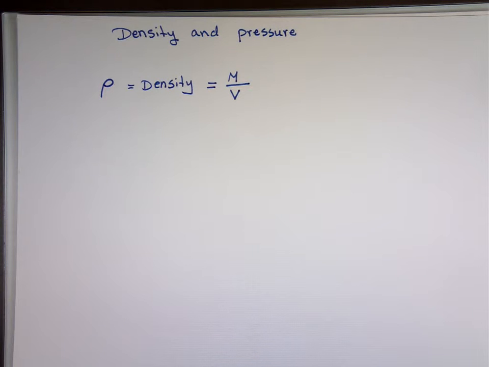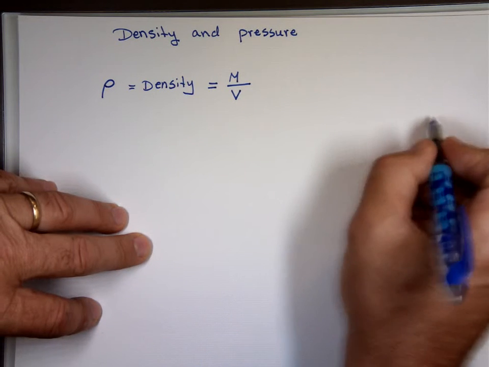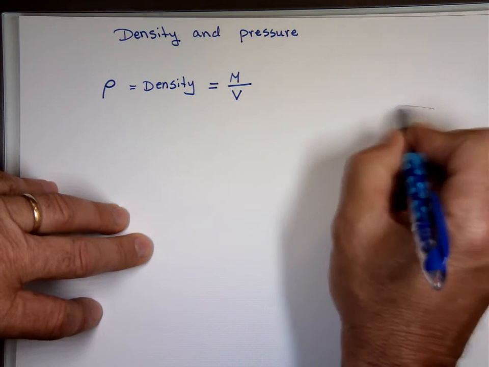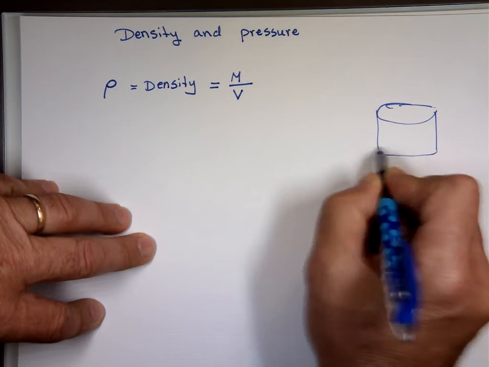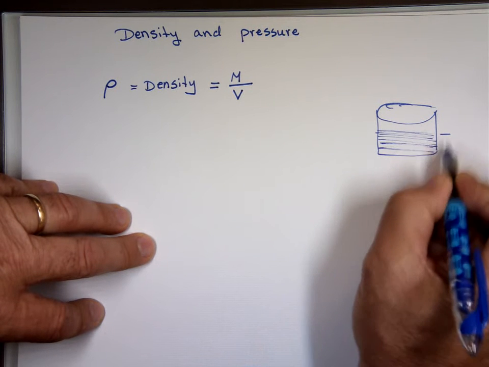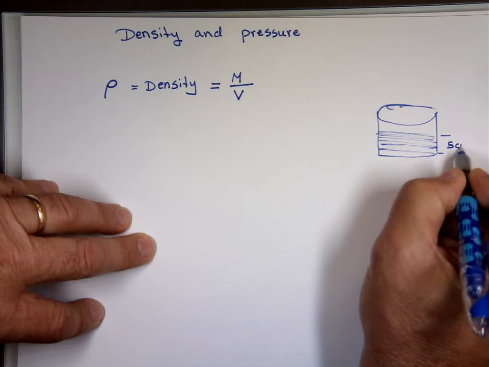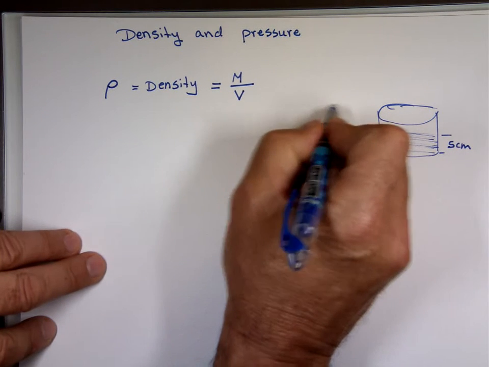So for example, we can go to the lab and calculate the density of water. If we take a container, we'll say it looks like this, a cylinder, maybe 5 centimeters high. First we take the cup before we put any water in it.